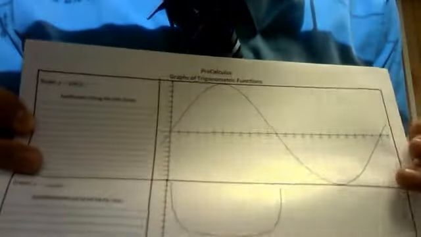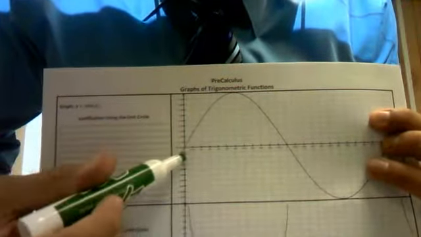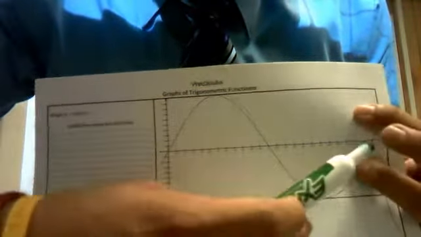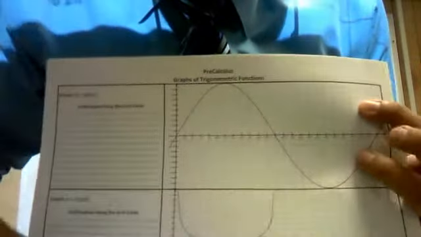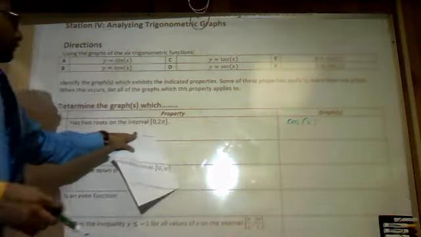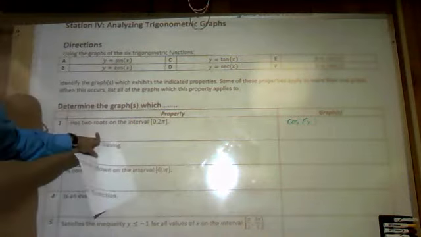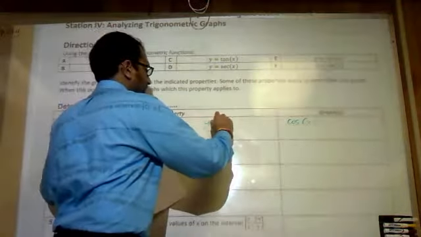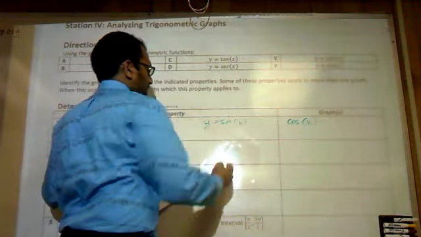We have y is equal to the sine of x. Do we have 2 roots from 0 to 2 pi inclusive? Yes, we actually have 3 roots from 0 to 2 pi inclusive. We have 1, 2, and the third root at 2 pi. So what we said is that y is equal to the sine of x has 3 roots, right?